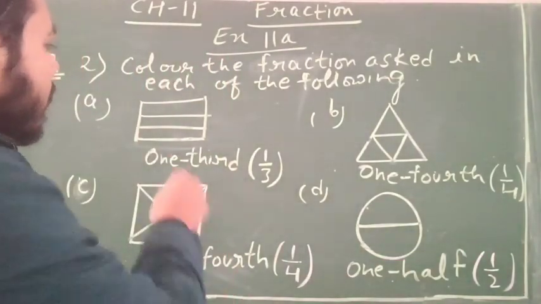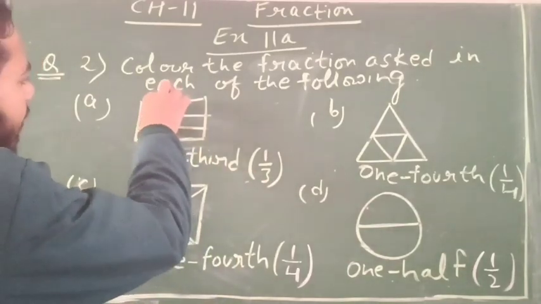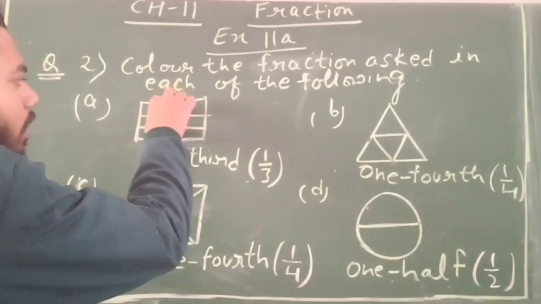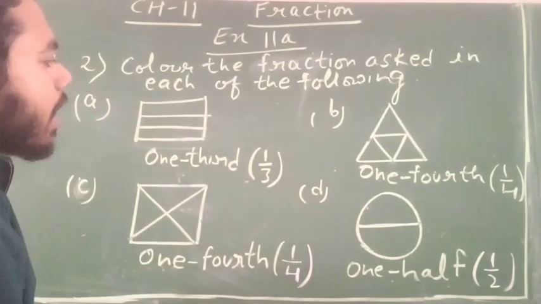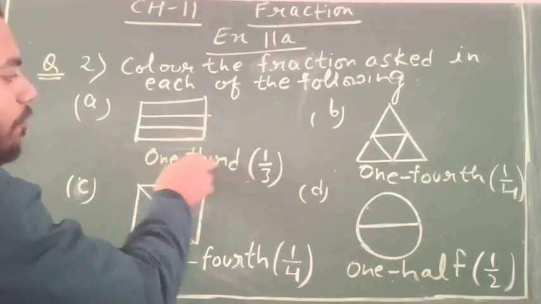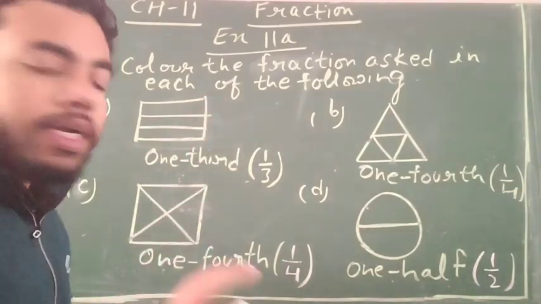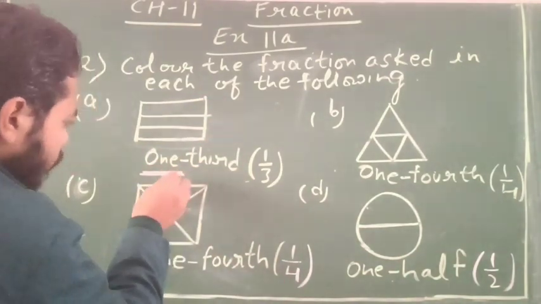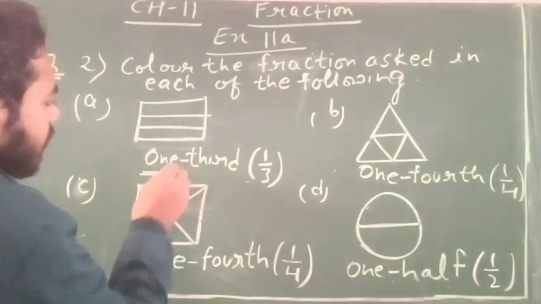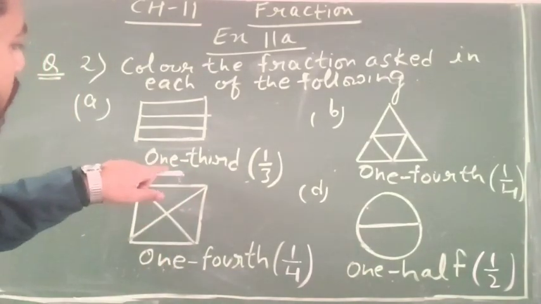Now 1/3 means the figure is equally divided into 3 parts. That figure is divided into 3 equal parts, and we have to represent 1/3. So here you have to notice that 1/3 means you have to color one part.